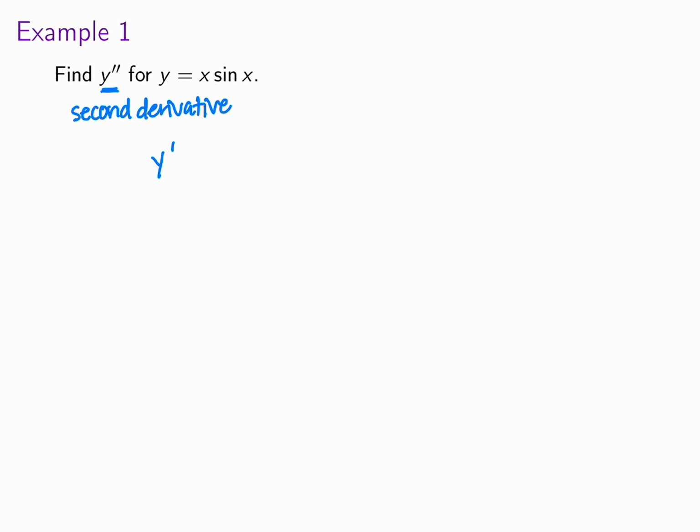Well, as I look back up here, I see that I have two functions multiplied together, so I'm going to have to use the product rule to find the first derivative. So my derivative will be x times the derivative of sine x, which is cosine x, plus derivative of x, which is just a 1, times leaving sine x alone, or x cosine x plus just plain old sine x.